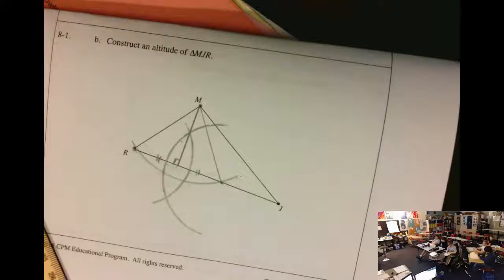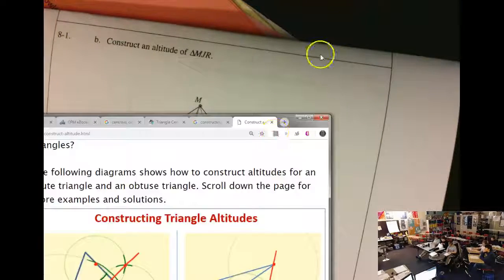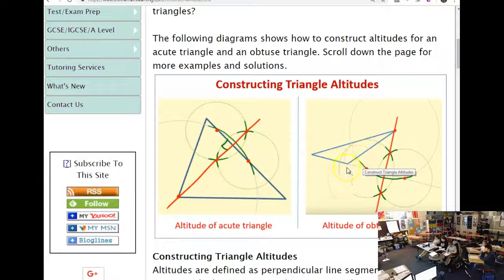Questions? Because now I'm going to take it to the harder step. If your triangle is an obtuse triangle, there are situations, pretty much anytime you have an obtuse triangle, where your altitude, quote unquote, is not inside the triangle.